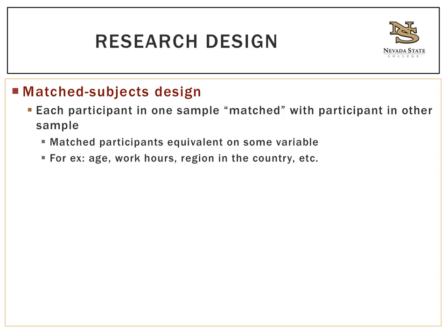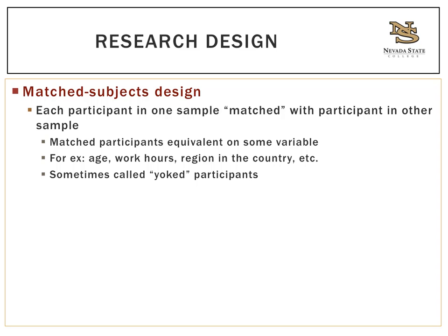So where people live in the country actually has a lot to do with how they think about government and how they think about certain social groups. And so again, you're trying to reduce the noise in your data. You're trying to reduce that standard error. So in this case, instead of having one group that's at time 1 and time 2, you have 2 groups, but they are matched on some variable.